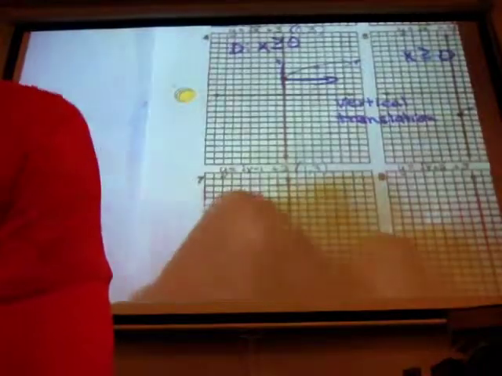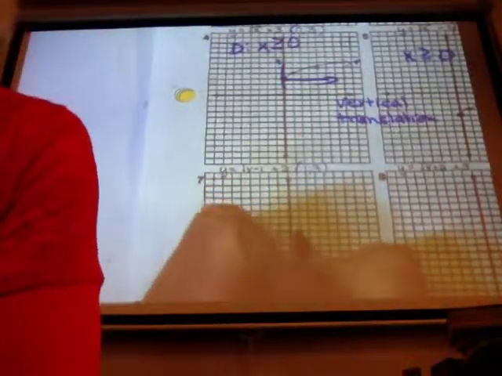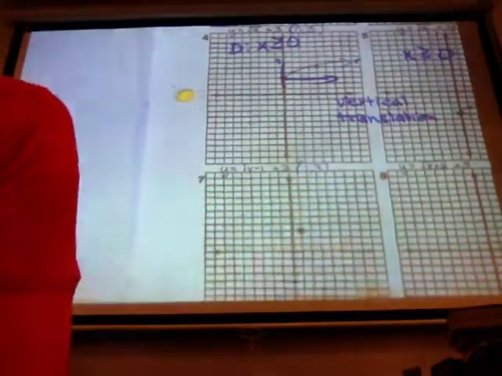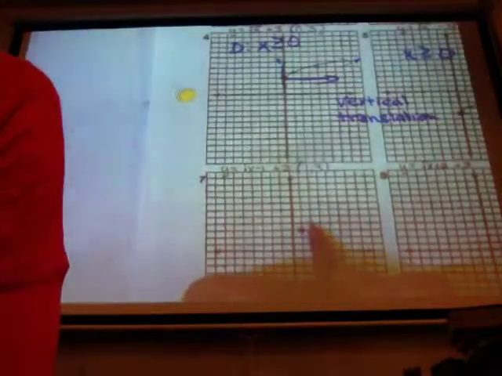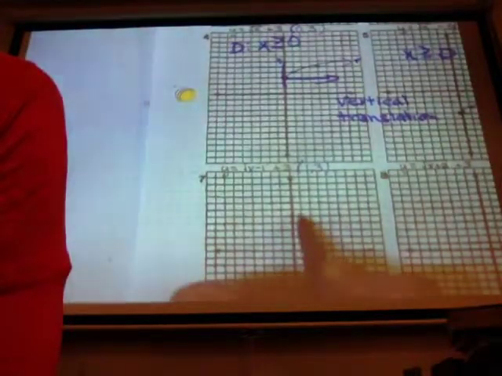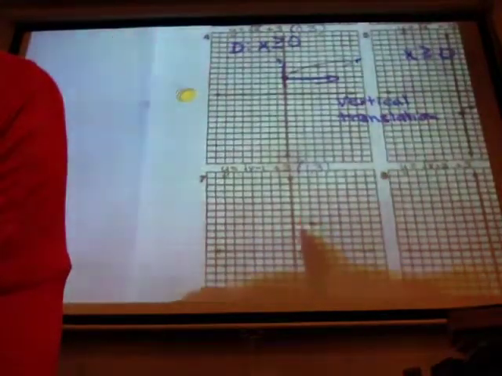And how am I going to move from that point? Remember how we always move from the vertex? This is like the vertex. How am I going to move? Up 1 and then what? Okay, over 4. We normally do the X and then the Y. Over 4 and up.